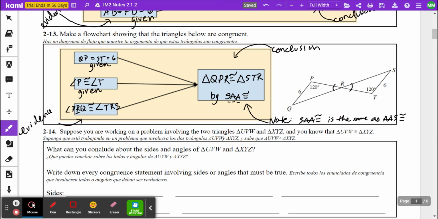I know that because vertical angles are congruent. Period. So you always have to have a justification. Often the justification will just be the word given. And for the conclusion, it will be a congruence theorem. But also often you'll need to know that vertical angles are congruent. Or there are other things, and they're going to come up in these notes too.